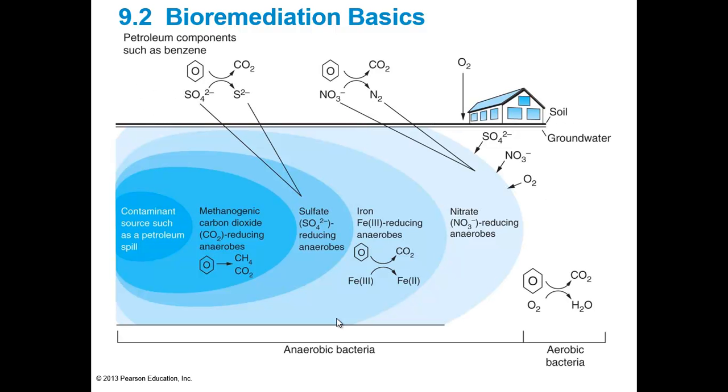Okay, and if we look at a contaminant plume, let's say we've got soil and groundwater, and then we've got a petroleum spill right over here. This is the source. And usually, when the source is contaminated, the first thing that's used is oxygen.